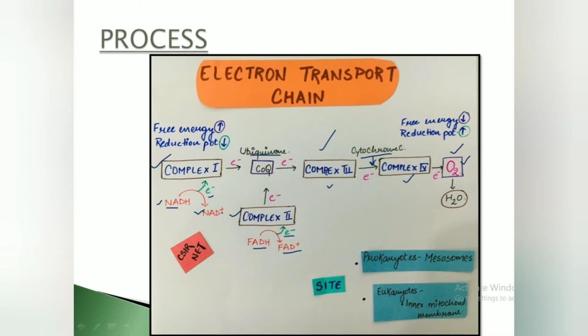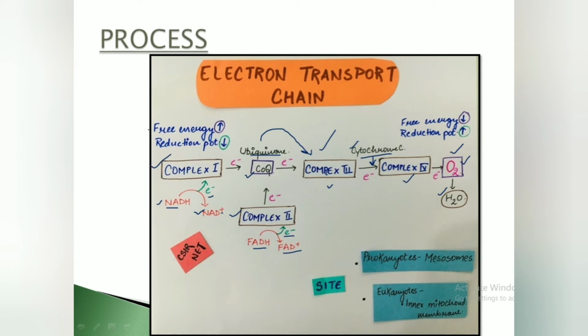After taking up the electrons, these are handed over to ubiquinone, which transports them to complex 3, and complex 3 passes them via cytochrome C to complex 4, which finally gives these electrons to oxygen, the final electron acceptor, and water is formed. This pumping helps in ATP synthesis. How it helps, we'll understand in the next slide.